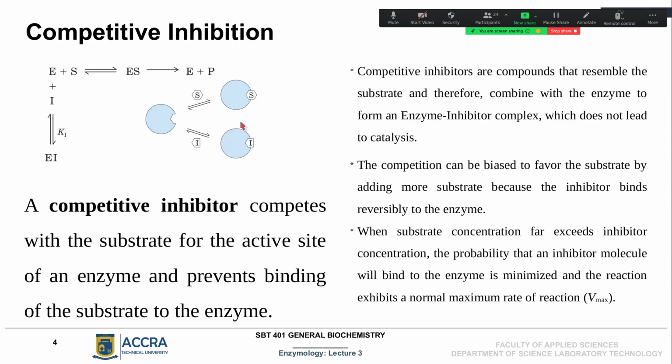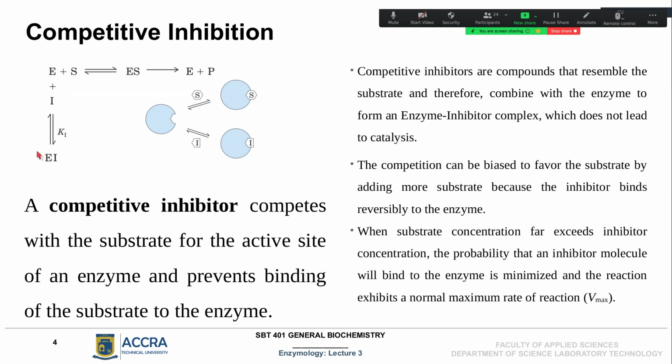And once it is an enzyme inhibitor complex, the reaction does not proceed to give you product. And that is what you see here, where you have the enzyme E binding to the inhibitor I and giving you an enzyme inhibitor complex. And thus, the reaction is terminated. The reaction does not continue.